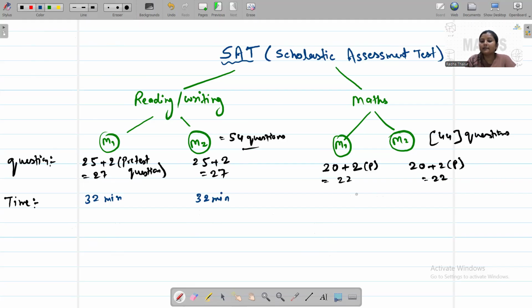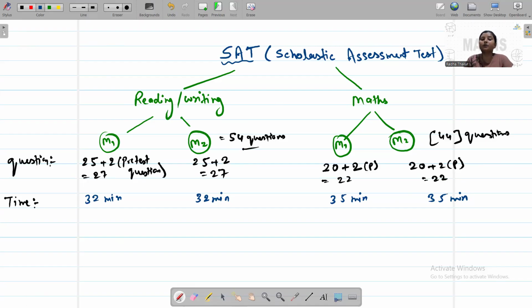Similarly, in maths, you will get 35 minutes for module 1 and 35 minutes for module 2. Okay, so this is about the timing.